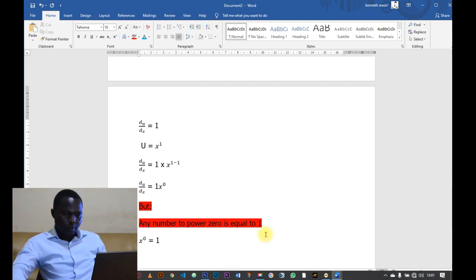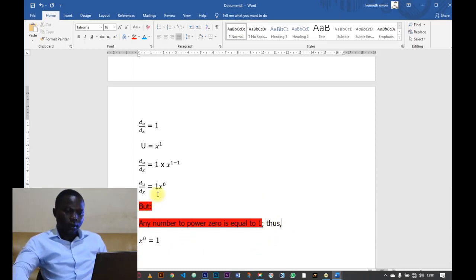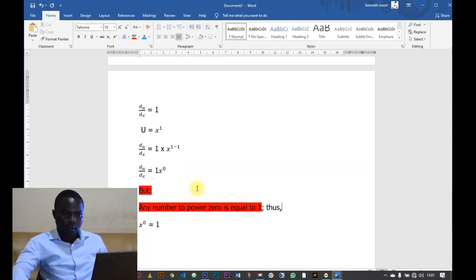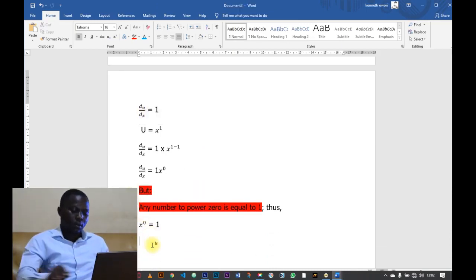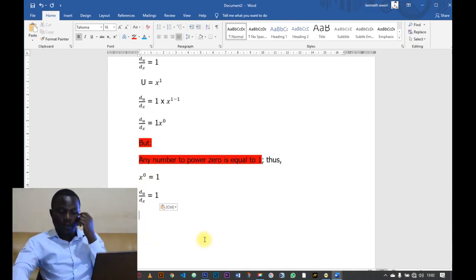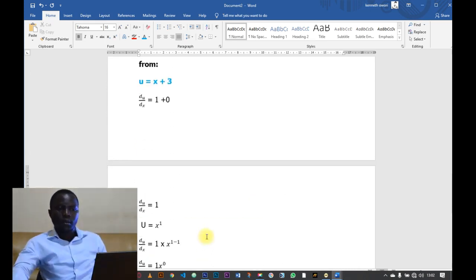So that is why when we differentiate u equaling x plus 3, we get a 1. So we have our derivative du dx being equal to 1.